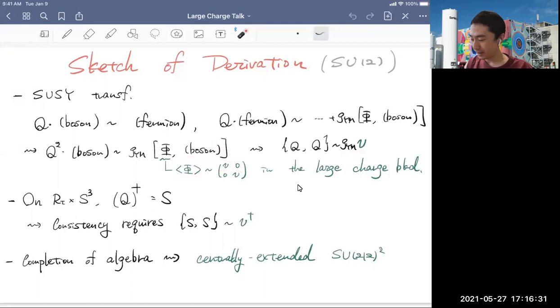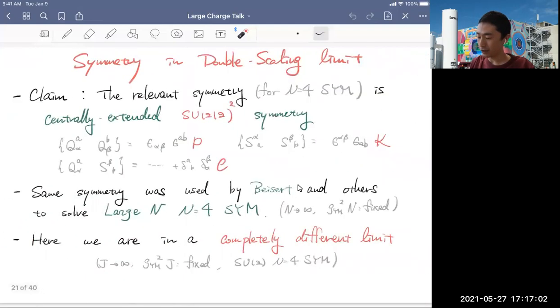In addition, on R times S^3, because I'm really considering the sphere, Q dagger, the Hermitian conjugate of Q, is given by S. Because of that, consistency requires that the anti-commutator of S should also give basically the conjugate of this. And if you complete this algebra, then you basically get the centrally extended SU(2|2) that I showed here.